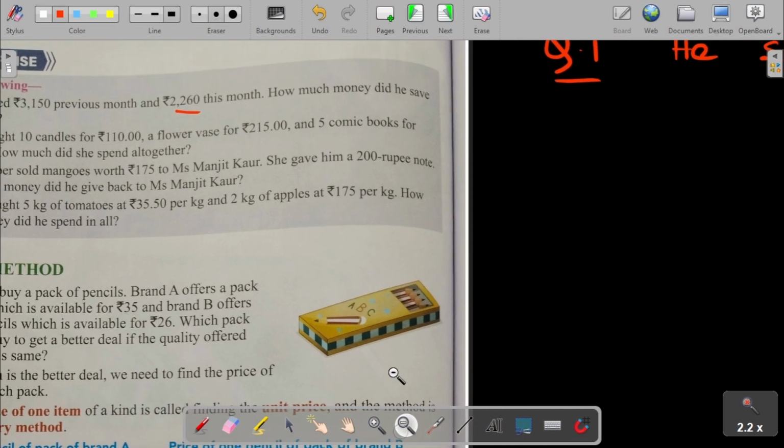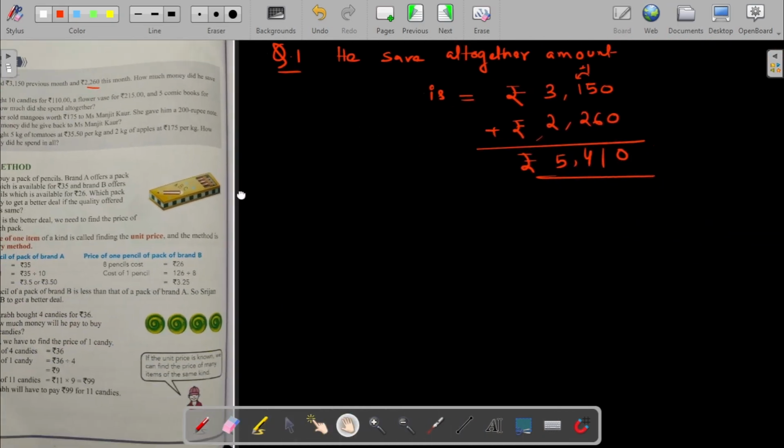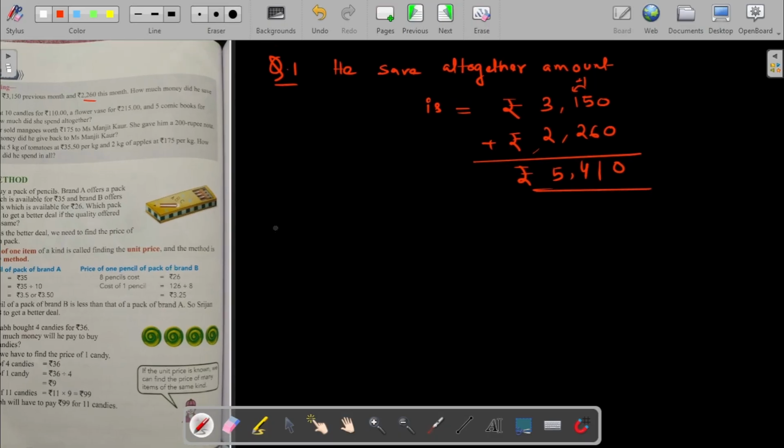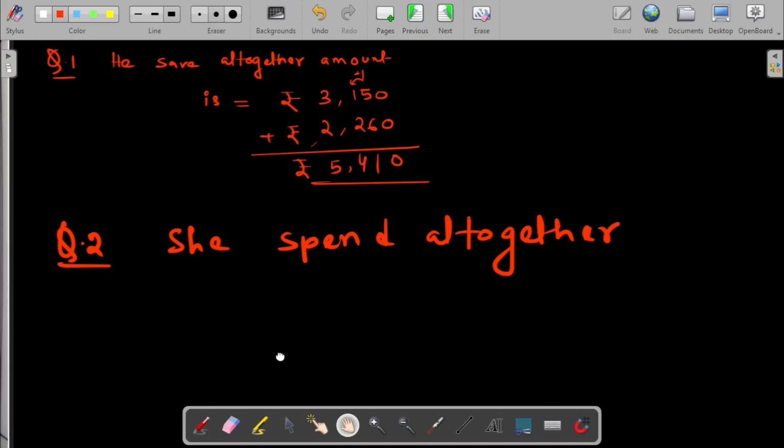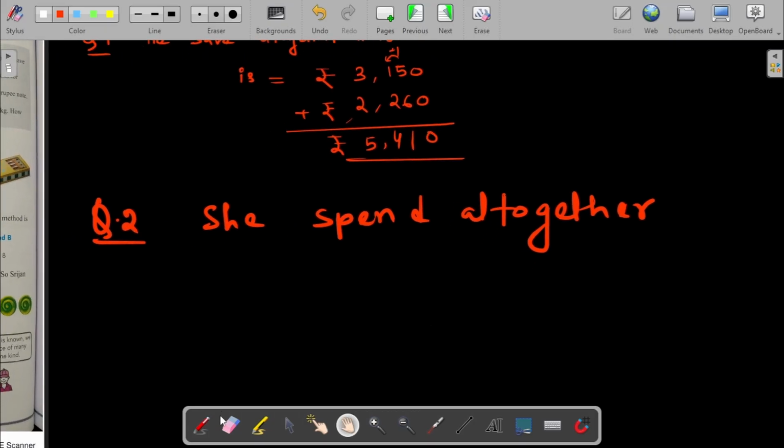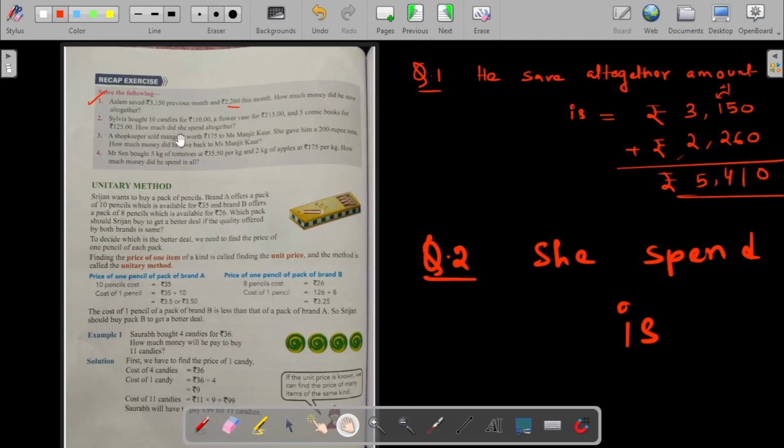So she spends altogether. The solution of question number 2: she spent altogether, she spent altogether is, তাহলে কতগুলো? 10 candles rupees 110.